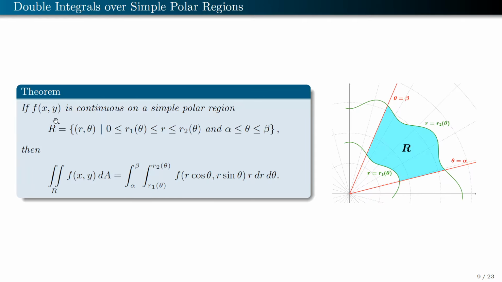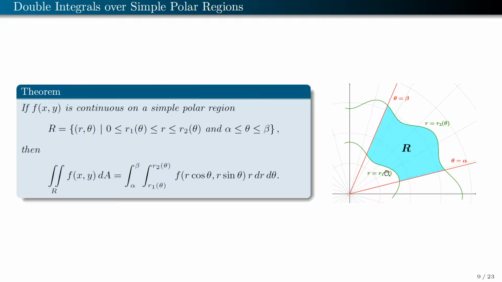Then, to evaluate the double integral of f of x y over such a region, sabi ng theorem, una, yung integral natin, which is in terms of x and y, gagawin natin in terms of r and theta by replacing x by r cosine theta and replacing y by r sine theta. Tapos, ang importante din makita dito na yung dA natin kapag using polar coordinates ay r dr d theta. So, hindi lang siya dr d theta, merong r.